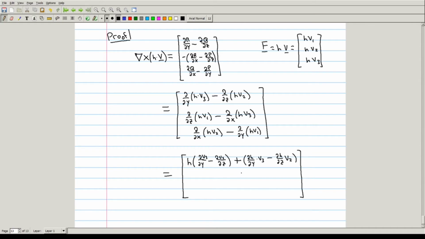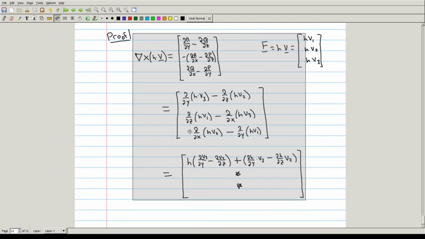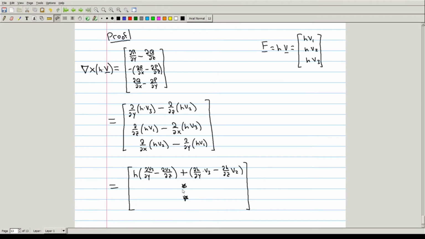I'm not going to go through and do the calculations here, but we'll have a similar simplification for the second component and the third component as well when you apply the product rule. So lo and behold, all of this simplifies down once you've calculated out the second and third components.